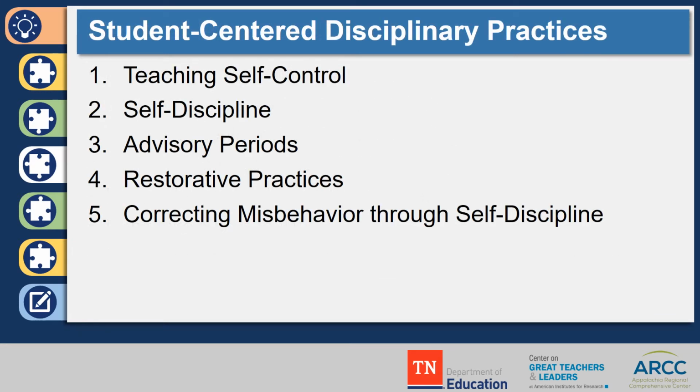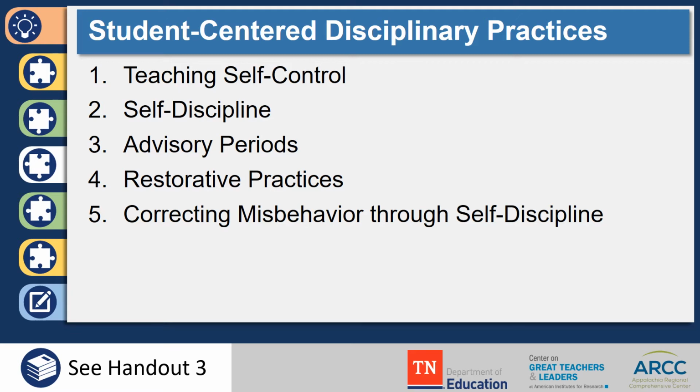There are many types of practices that teachers can use to support a student-centered disciplinary approach. This module highlights 5 of these approaches. The descriptions provided in this module are only meant to be an overview of each of these practices. You may want to dig deeper into any one of these approaches by following some of the links to resources, programs, and practices found in Handout 3, Reflection and Additional Information.